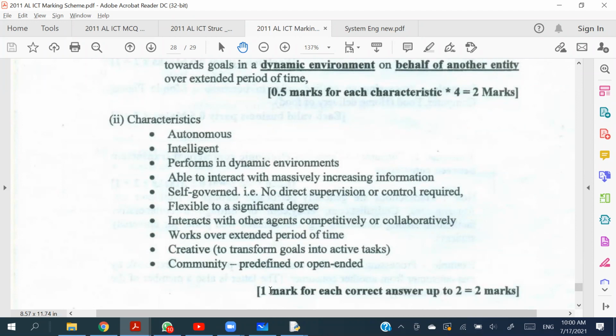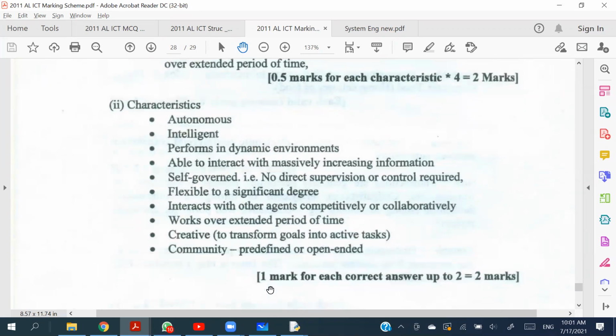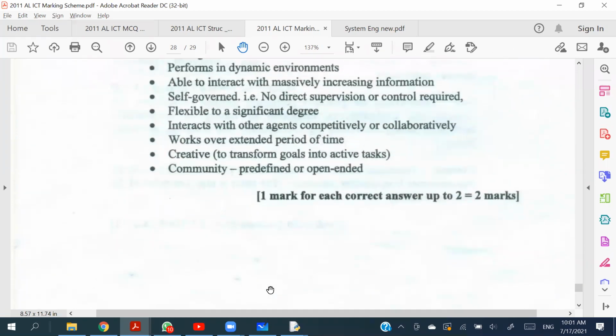Perform in a dynamic environment, right? Proactive, reactive, self-governed, flexible, those kinds of things. So here they have given many different reasons. They only ask for 2 things. If you got any different answers, just let me know.